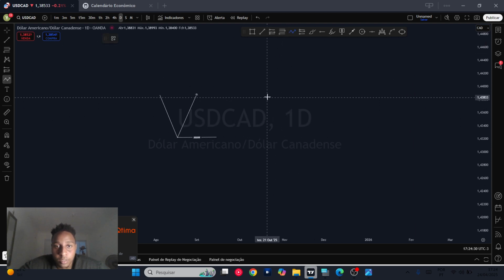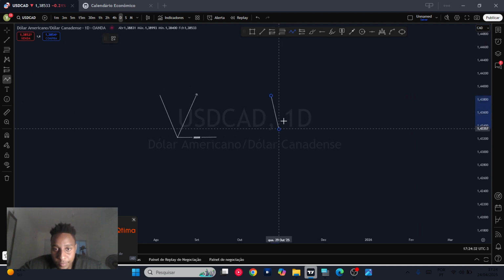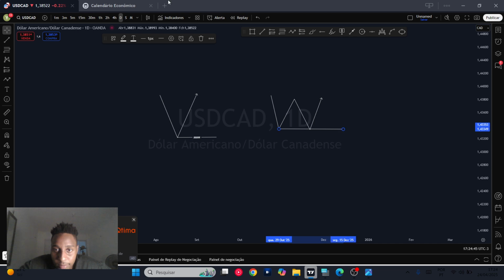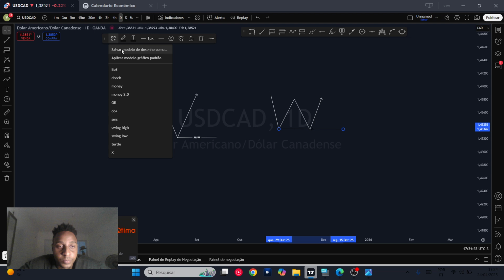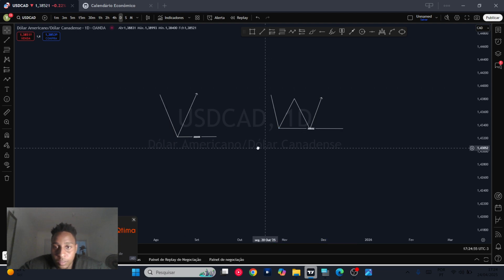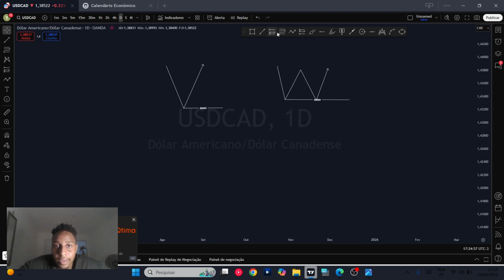Also, the double bottoms or the double tops, right? Because this is basically reverse, right? So here liquidity lies, right? And then we have the trend line liquidity.